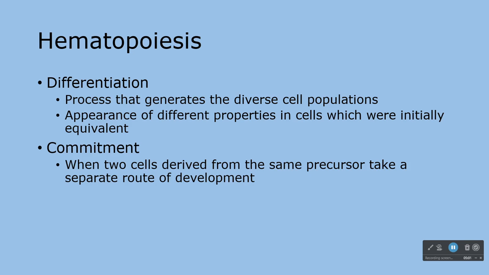So CMP stands for common myeloid progenitor, okay, or precursor. I don't really care, whichever term you want to use. I think your book uses progenitor, okay? Common myeloid progenitor is what it stands for, okay?